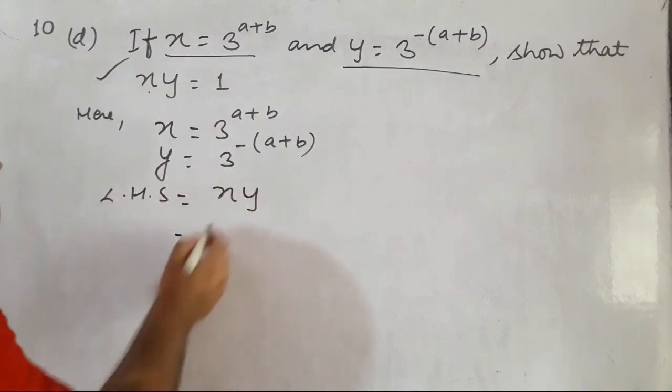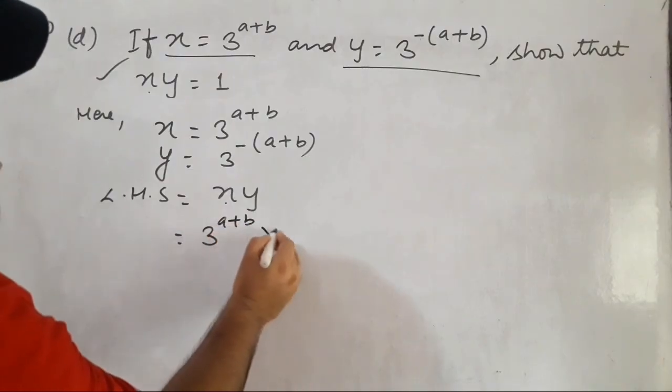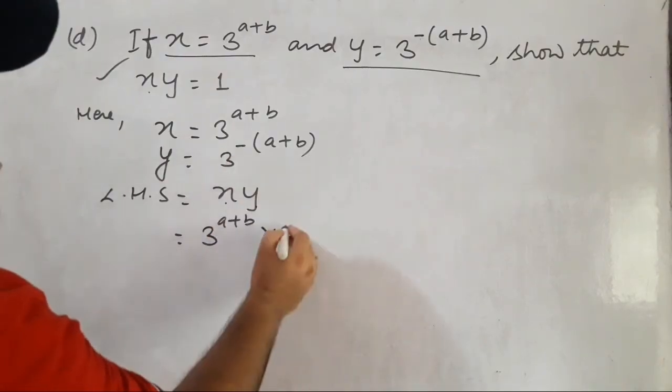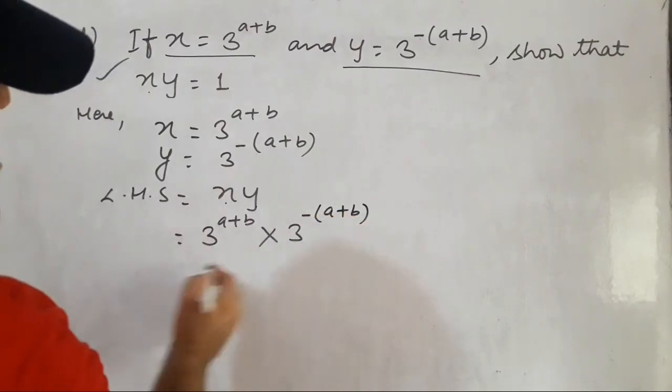xy. Put the value of x 3 power a plus b into the value of y 3 power minus bracket a plus b.